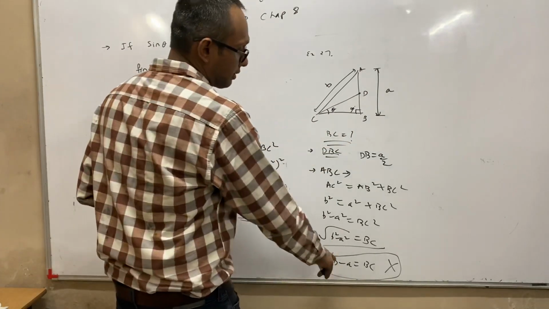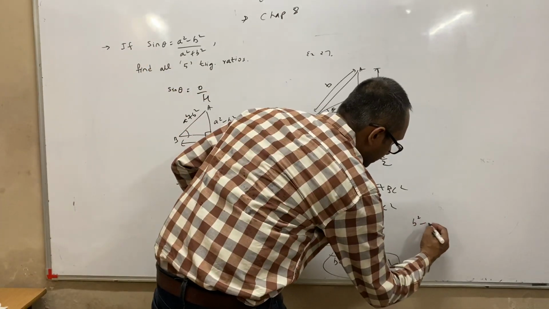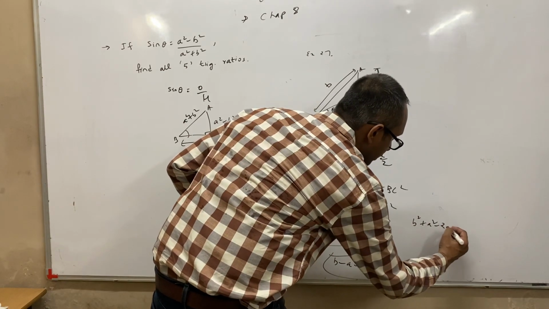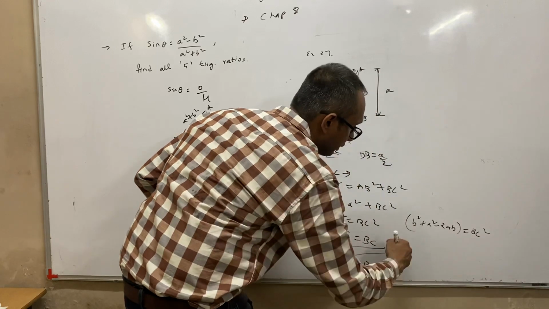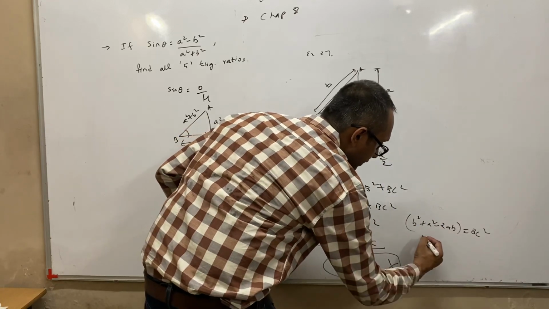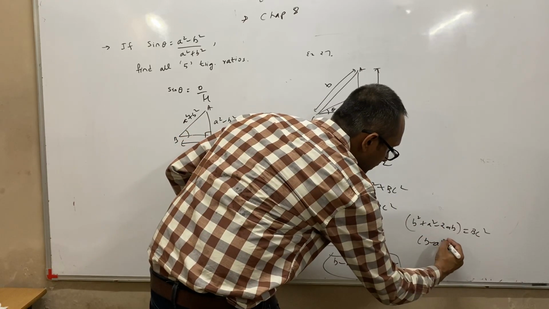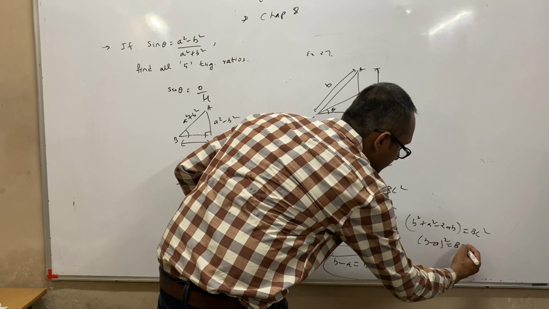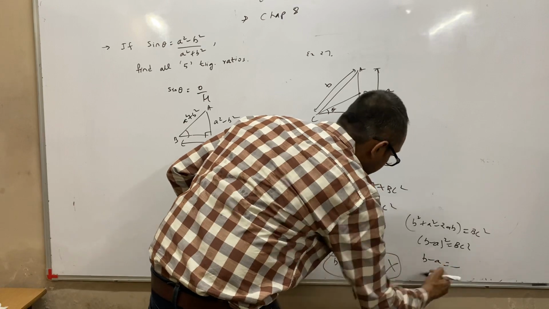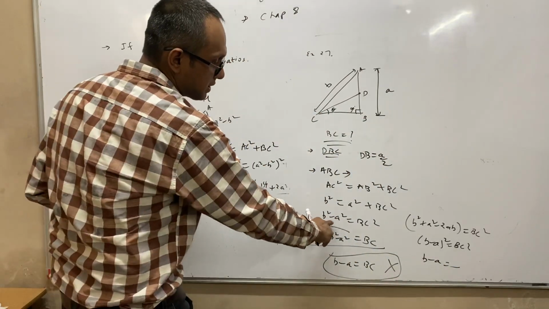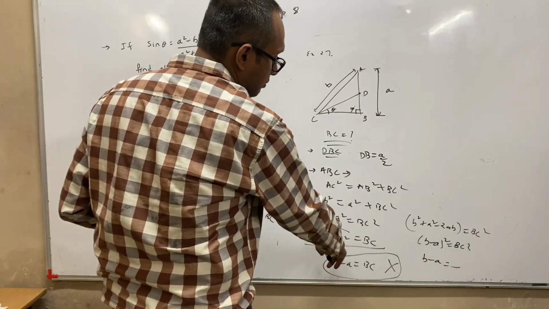If it was B square plus A square minus 2AB, and here BC square was written, then it is the whole square of B minus A, and this is BC square, and if you take its root, then you will get B minus A. But here the root of B square minus A square is equal to the root of BC square, that is just this.